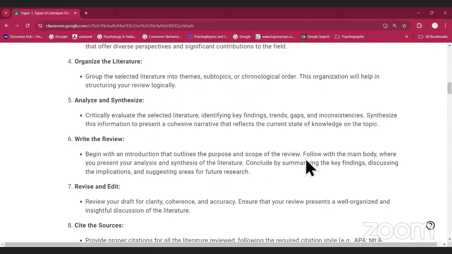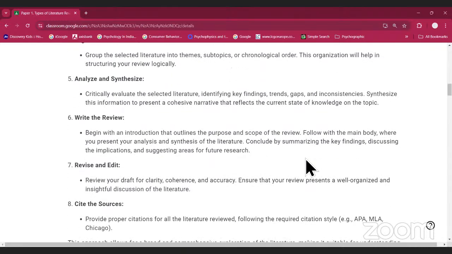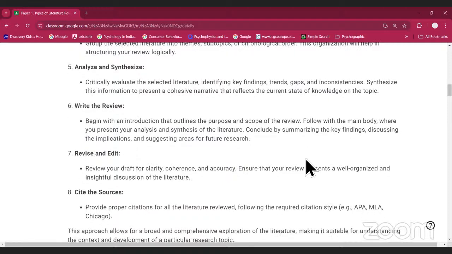Number 7, revise and edit. Review your draft for clarity, coherence, and accuracy. Ensure that your review presents a well-organized and insightful discussion of the literature. Number 8, cite the sources.